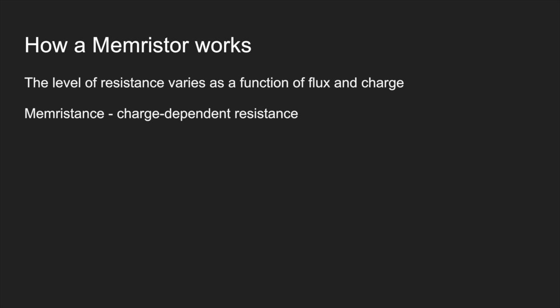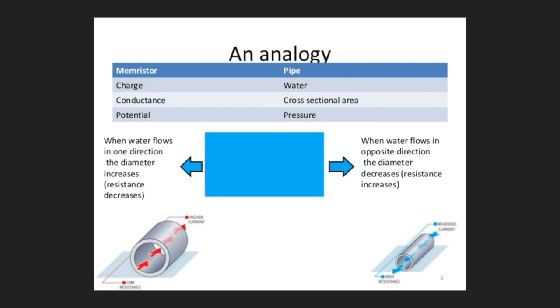How a memristor works is the level of resistance varies as a function of its flux and charge, and this gives you memristance, which is a charge-dependent resistance. You can think of it as a water pipe, except in this case when water flows in one direction, the diameter of the pipe increases, or in this case resistance decreases for the memristor.